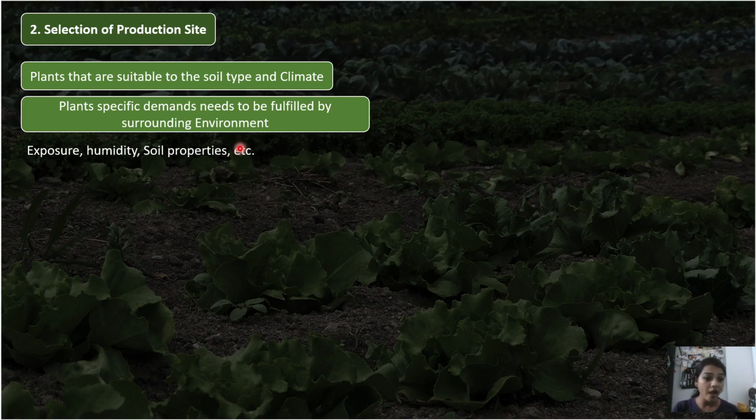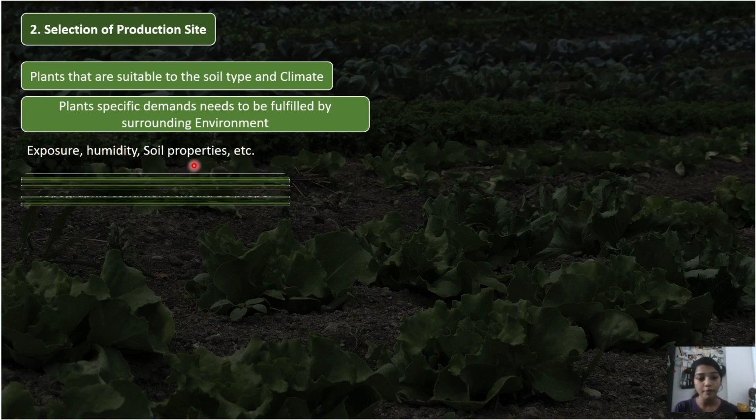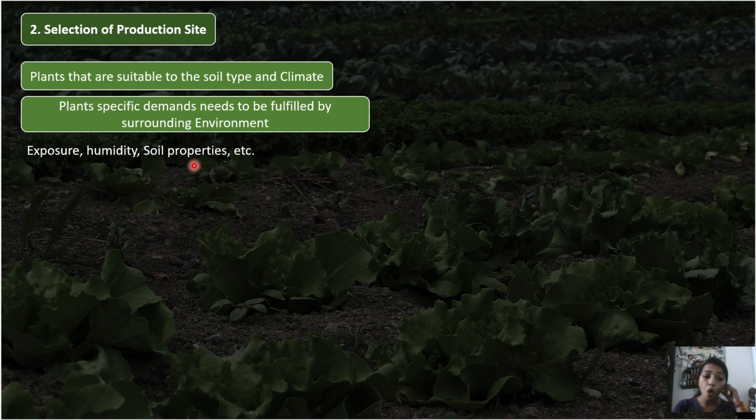These requirements are like exposure to sunlight, exposure to humidity, the various soil properties, right? All these kinds of factors in the environment play a very significant role in the growth of the plant.